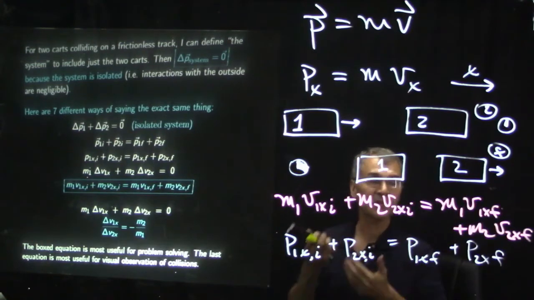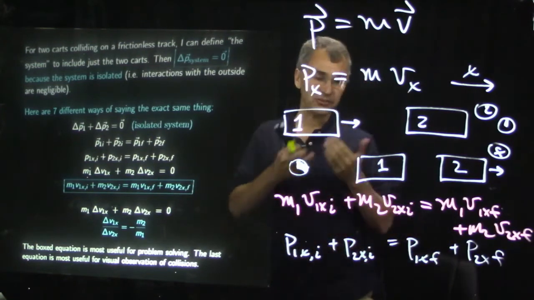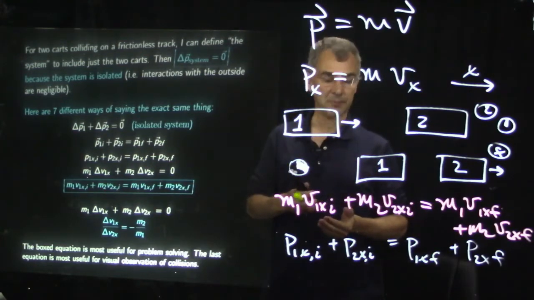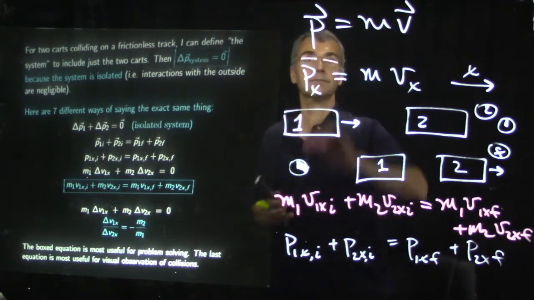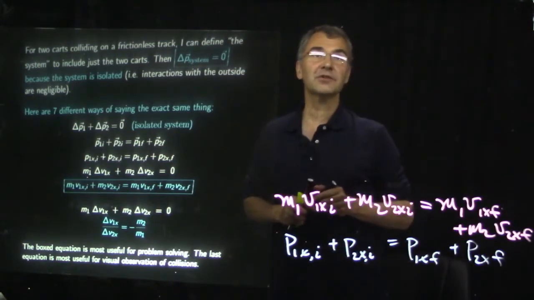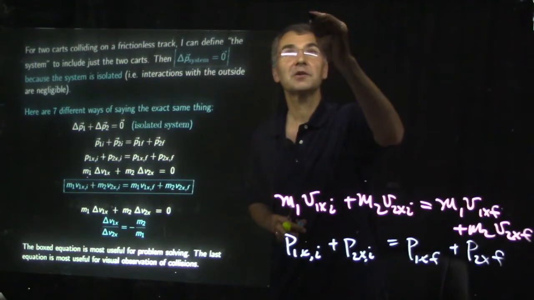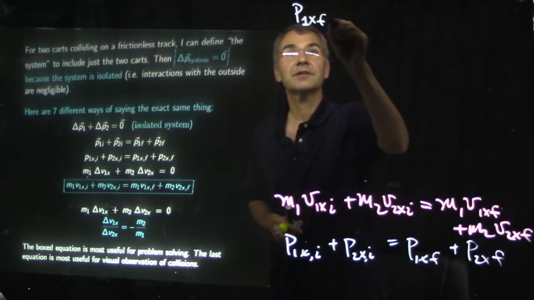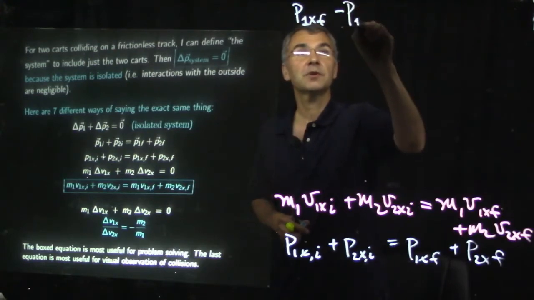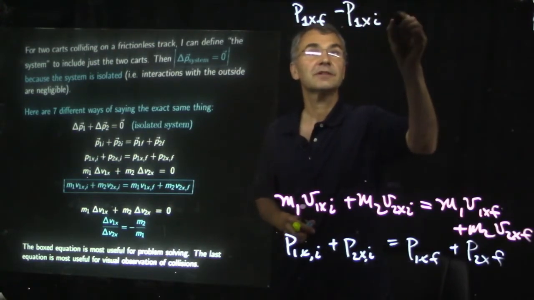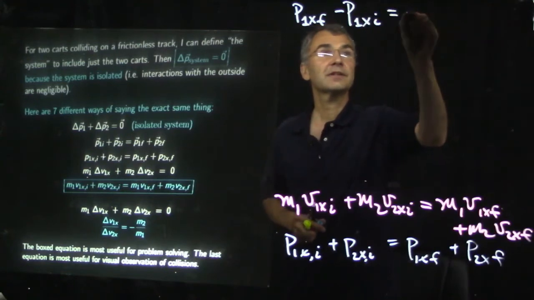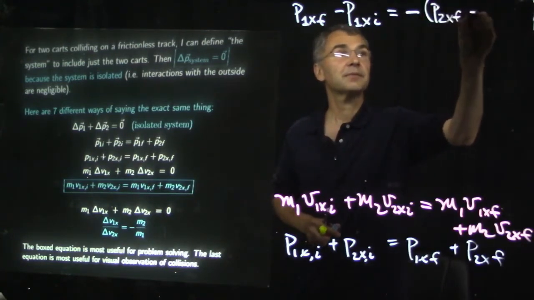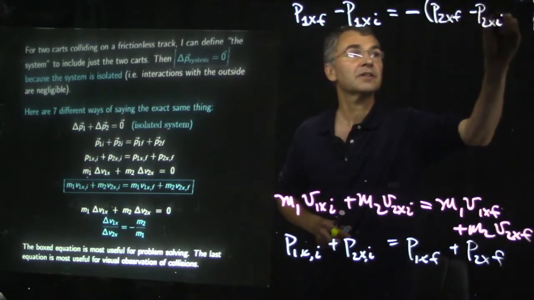It's much easier to talk about changes in velocity of one cart and the other cart. As a matter of fact, there are a couple things we can say here. One is that P1x final minus P1x initial equals the opposite of P2x final minus P2x initial.